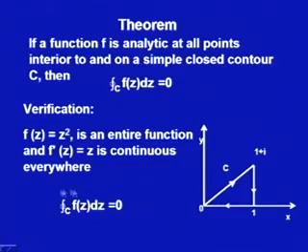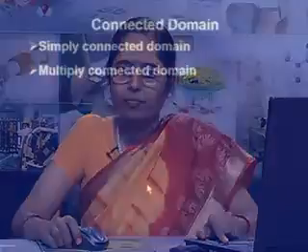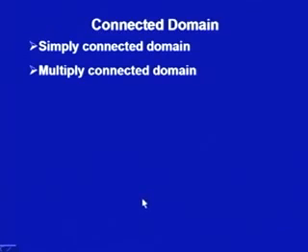How do we find out when this would happen? Let us move to some more results. One definition: we are defining connected domains. By connected sets we mean a set which cannot be partitioned further into parts with no limit points in common. We are not very much interested in the connected set definition as such.